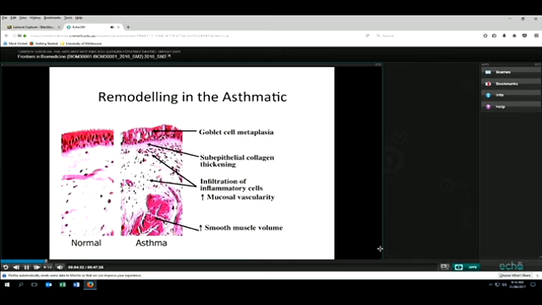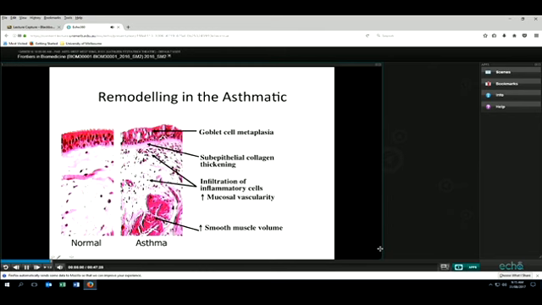So this is a couple of histological specimens that illustrate the pathophysiology of asthma quite well. On the left, obviously, is the normal airway, and we can see the epithelium here with ciliated surface, and this is the airway lumen at the top. And then under the basement membrane here, there's a reasonable depth of subepithelial mucosal tissue, which appears very different in the chronic asthmatic airway.